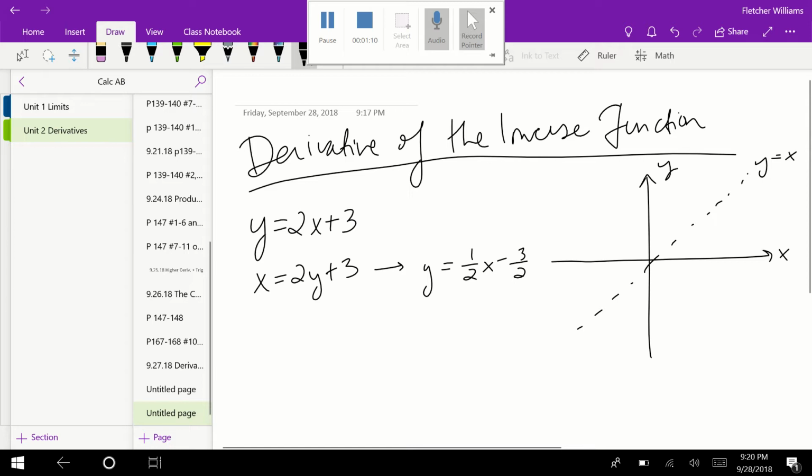So let's look at the first one. The first one starts at 3 with a slope of 2, so it looks something like that. And the second one starts down at -1.5 and has a slope of 1/2.